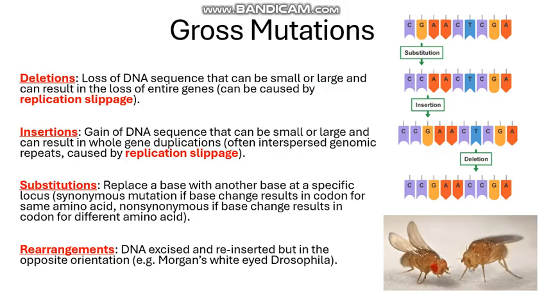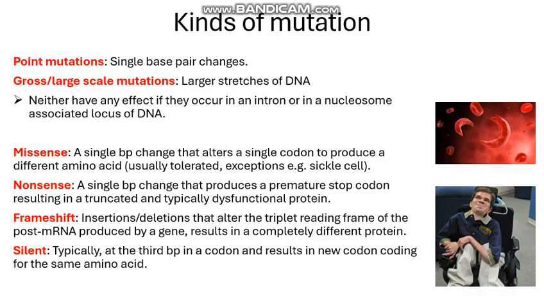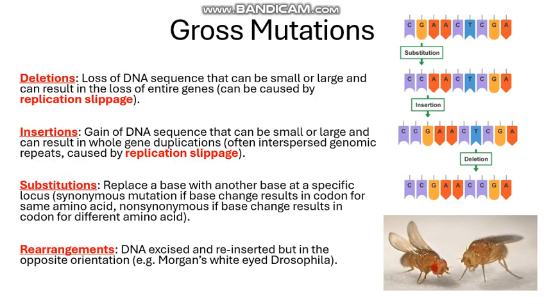So the red eye pigment could not be transcribed or translated, so none of the red eye pigment was produced, which is why the white-eyed Drosophila have white eyes. So, point mutations refer to single base pair changes. Any of these can be point mutations: deletions, insertions, substitutions.